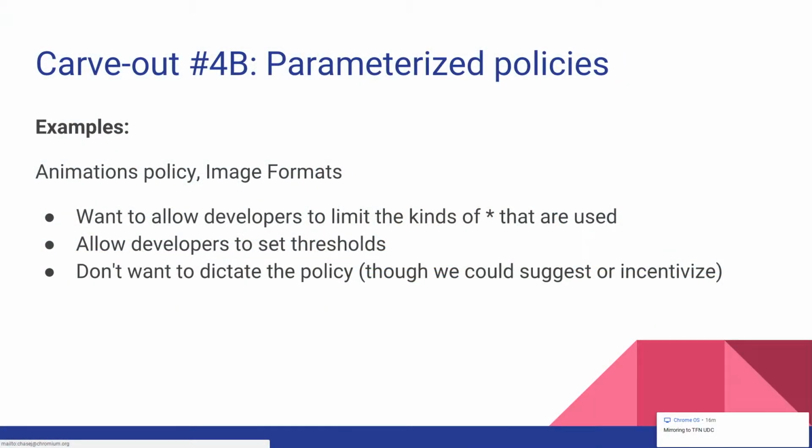Sometimes we might want to give web developers more granular control of some features. For example, with image formats, we might want to support the web developer in specifying which format they want to enable on their site.